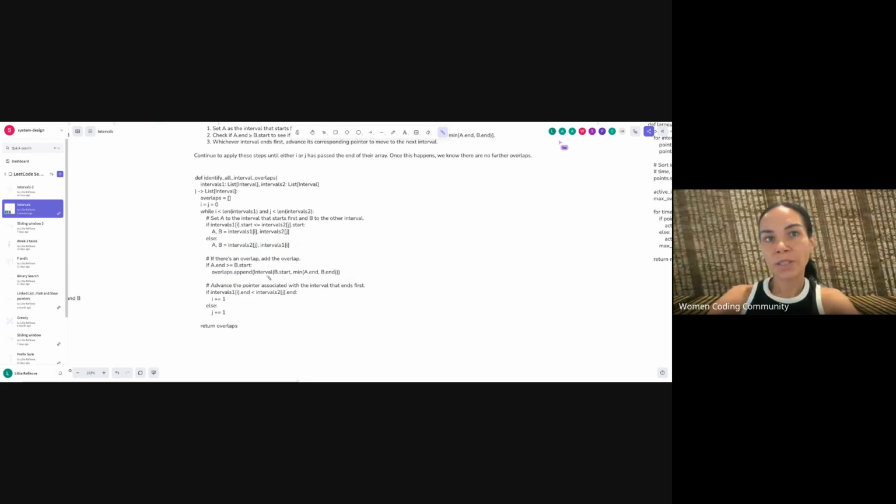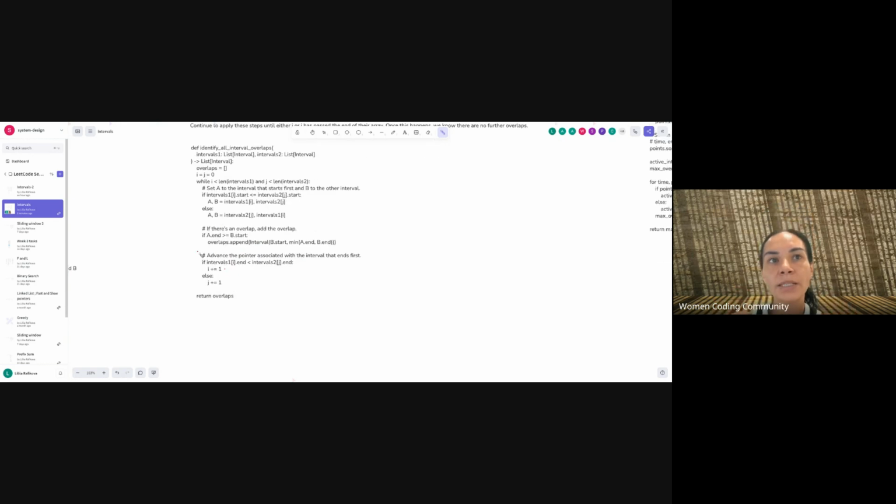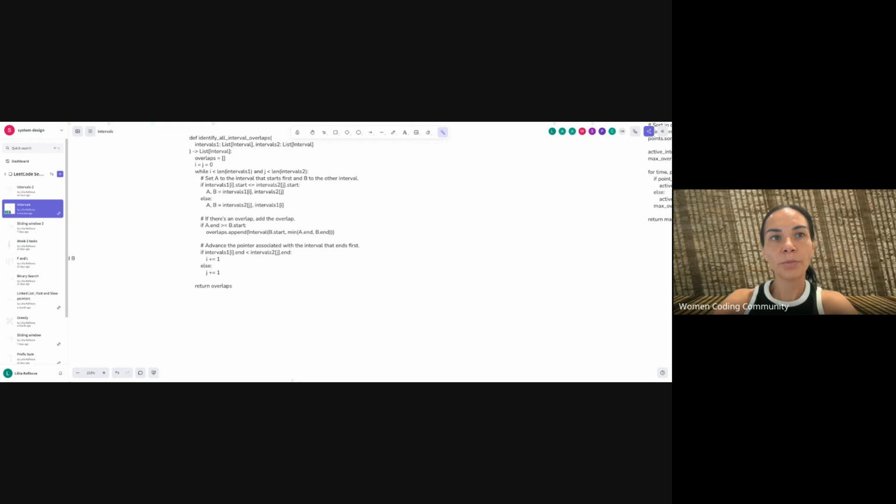Once we find they are overlapping, we build the intersection, and here we are deciding who we are going to advance next. It depends on the end, but there could be the third condition where we're advancing both of them. Does it make sense, folks?